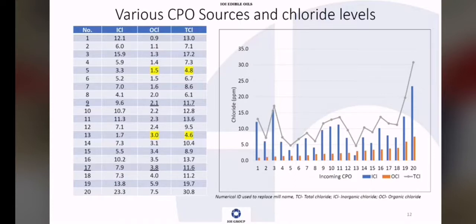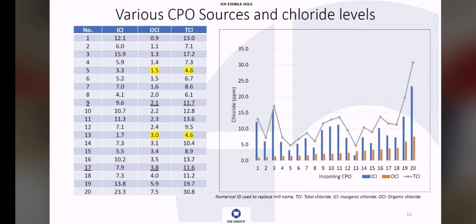If you look at number 9 and compare it with 17, you will see that the total chloride is 11.7 for 9, whereas for 17 it is 11.6. If we were to wash it and refine it, we would probably expect to get similar 3-MCPD levels. But if you look at the organic chloride column, for row 9 it is 2.1, whereas for row 17 it is 3.8.